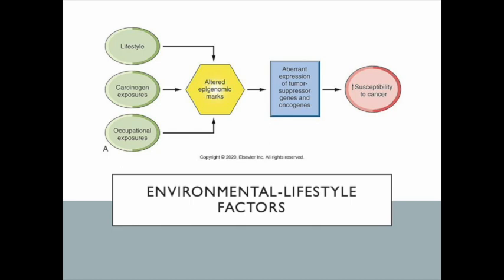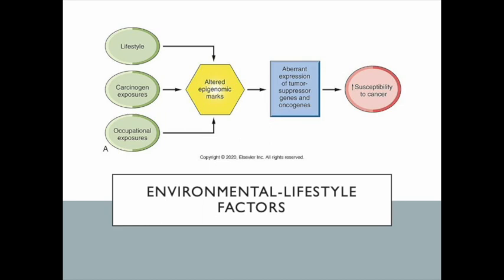Now, our lifestyle plus our exposures to particular carcinogens or things that occur in our work, so occupational exposures, they all contribute to an altered epigenomic mark on our DNA. And these can have expressions of tumor suppressor genes and oncogenes that increase the susceptibility to cancer.